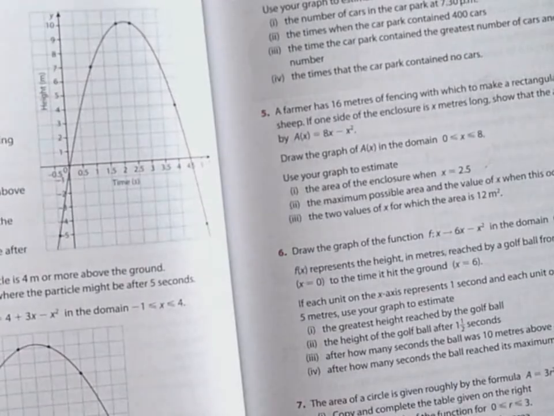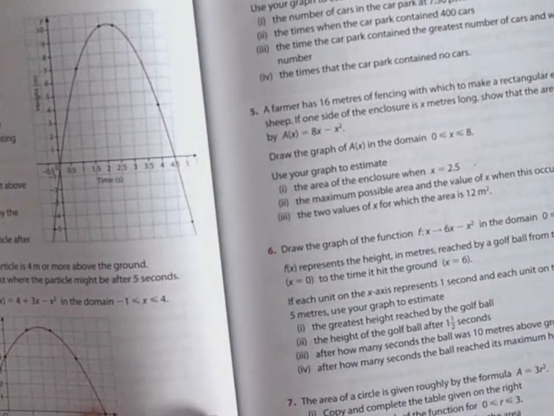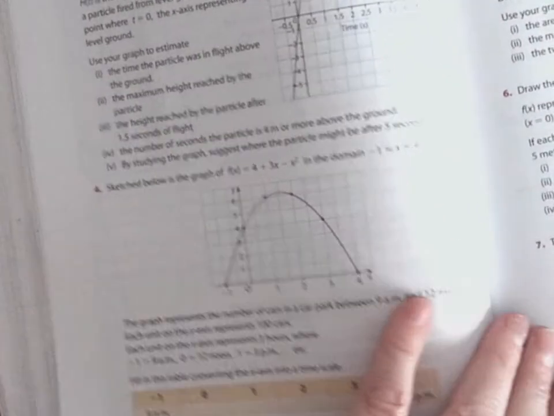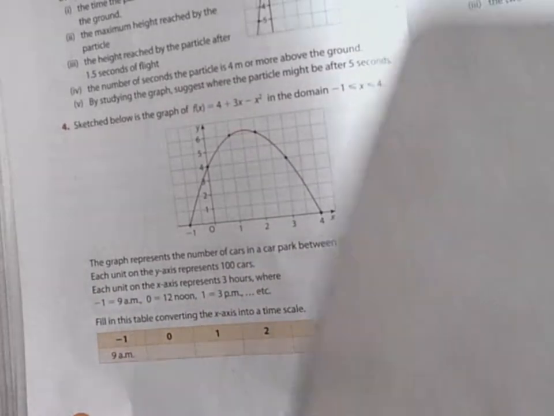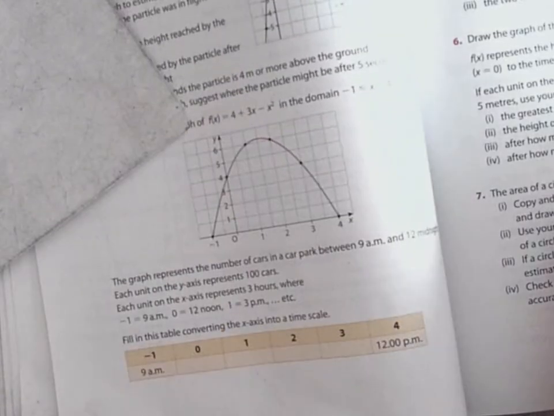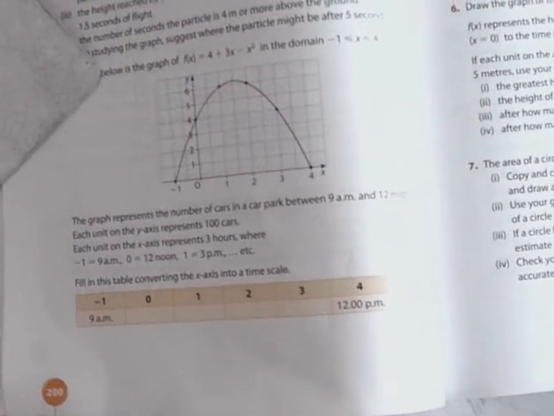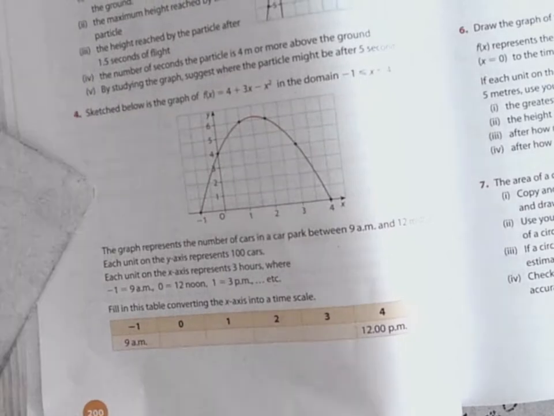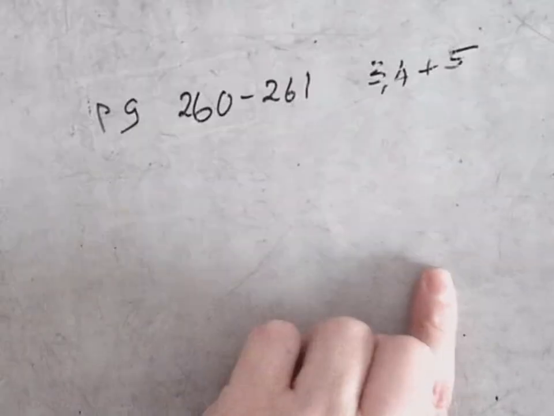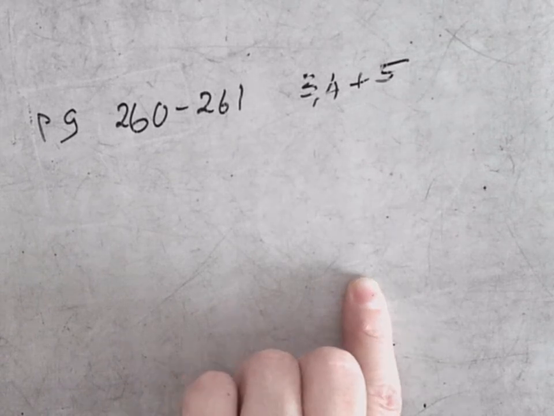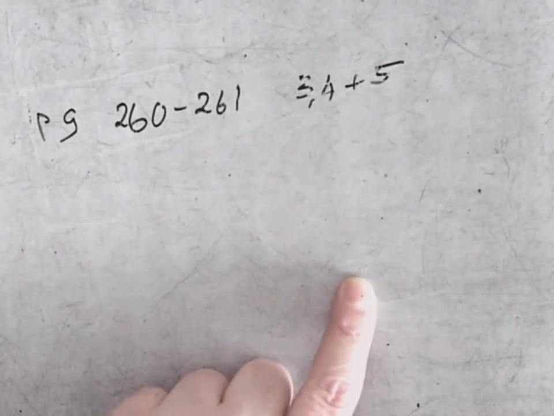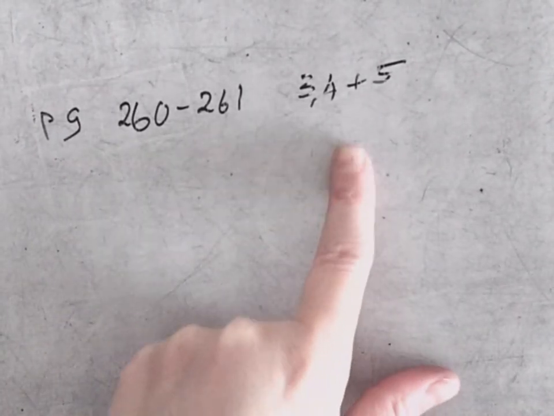Okay, and I know I flew through it there, but I don't think you'll get them until you actually do them. So I'm going to ask you to do, where did I write out what I wanted you to do? Here I did. Page 260 to 261, numbers 3, 4 and 5. Okay?